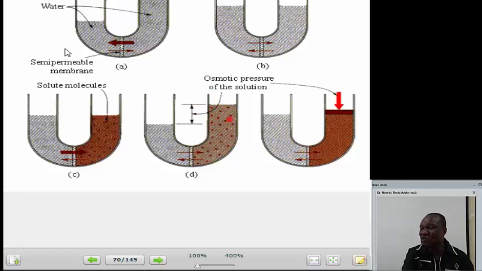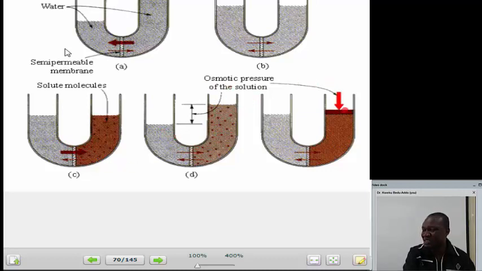Now, the point where there is no net movement of water is where the osmotic pressure in the solution is attained. That is, the hydrostatic pressure which stops net movement of water is the osmotic pressure. So the osmotic pressure is this height.